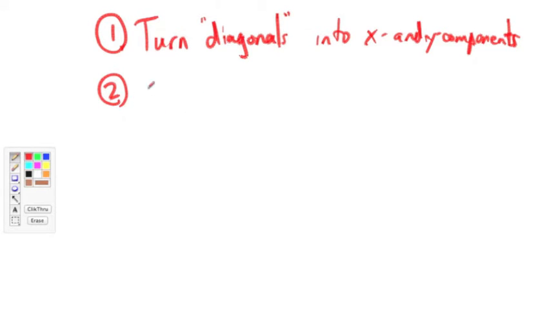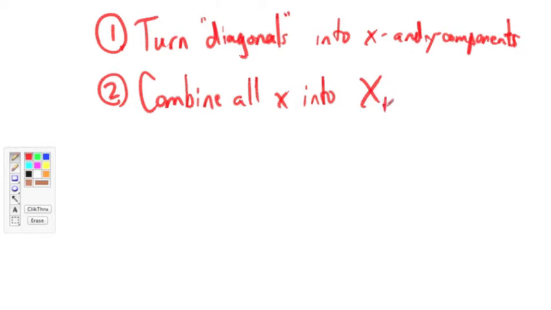This gets us into a pretty simple one. So our next basic skill is to combine all x vectors into an x total. And that's just taking all the ones that are right, left. We should hopefully be able to get rid of all of those and just turn them really into one x total vector.